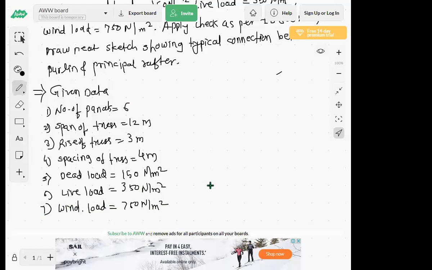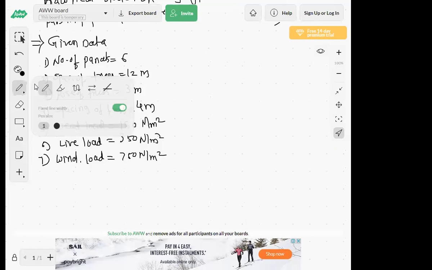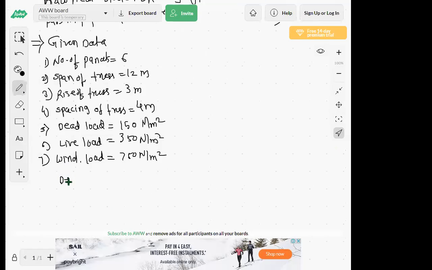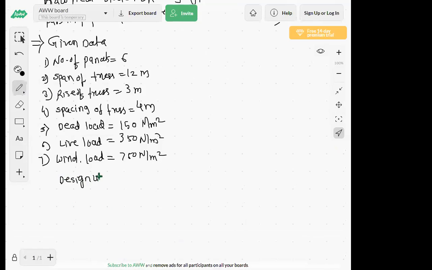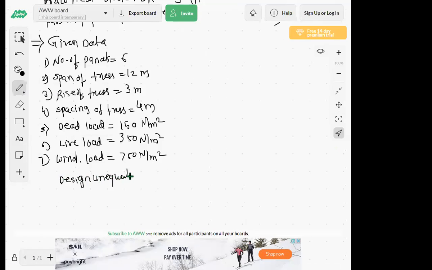So this is the given data. We have to design the unequal angle purlin.